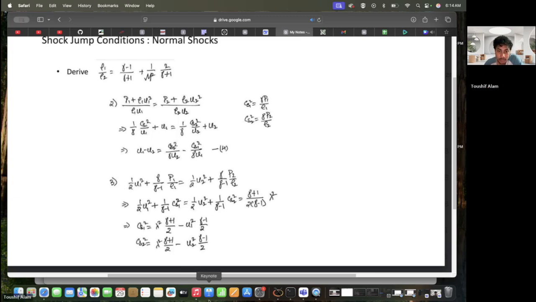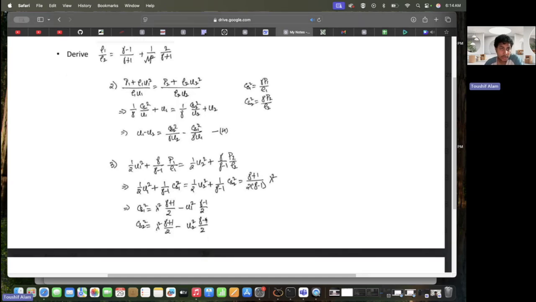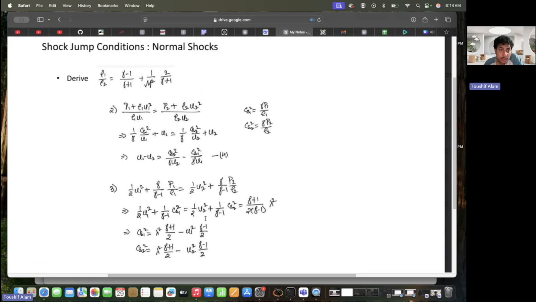So, is equal to gamma plus 1. It should be this, CS1 square is again lambda square gamma plus 1 by 2 minus U1 square. This U2 square is this. So we'll get that from here.